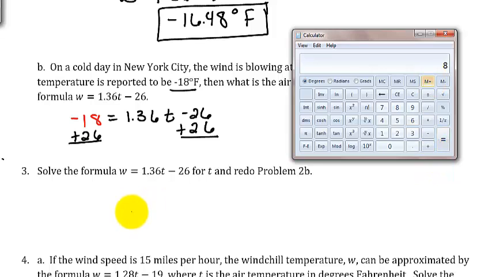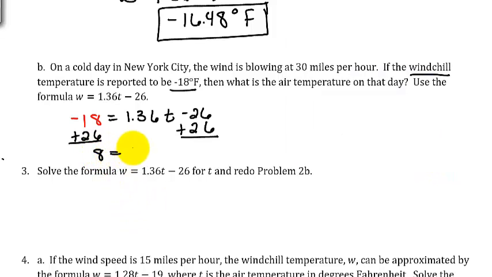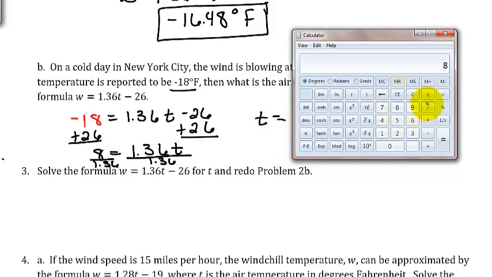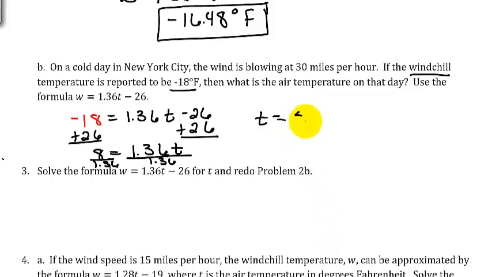That gives me 8 equals 1.36T. And then we're going to divide by 1.36. And that gives me 5.88. And this is also in degrees Fahrenheit.